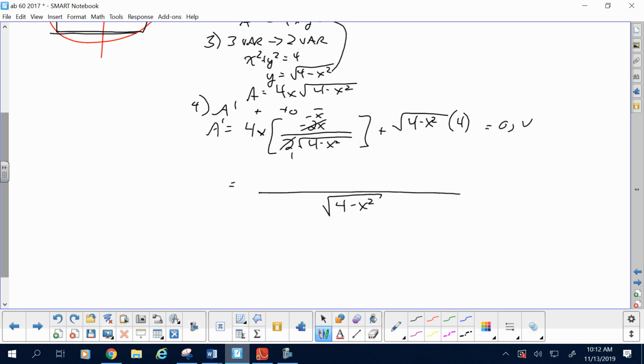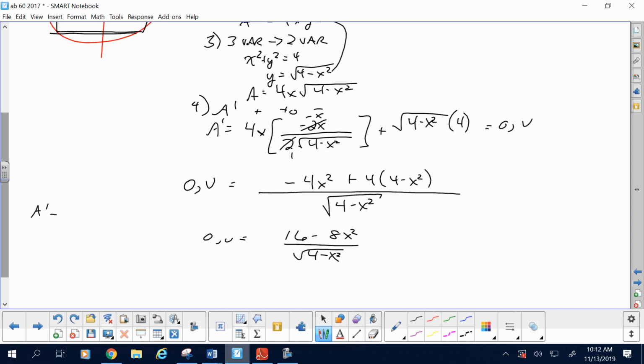When I divided the 2 out, I had negative 4x squared as the numerator of the first product, yeah? And the second one, when you multiply it by root 4 minus x squared, you get a normal 4 minus x squared and a 4 outside of it. You follow? All right. Cleaning up the numerator then. Overall, you get 16 minus 8x squared over root 4 minus x squared.